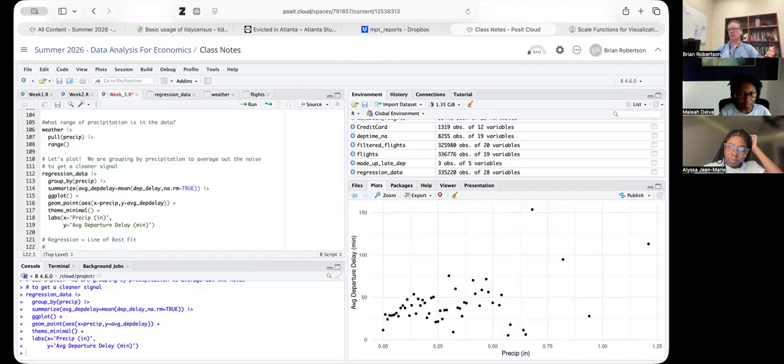If you remember back to your algebra classes, y equals mx plus b. b is our intercept, x is our data, which here is precipitation in inches, and m is our slope. m is how much of an effect x has: the bigger the m, the bigger the effect x has on y. If y equals 3x and I put in x equals 1, y equals 3.